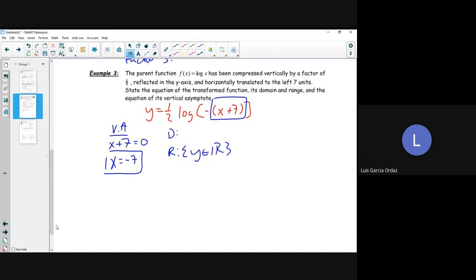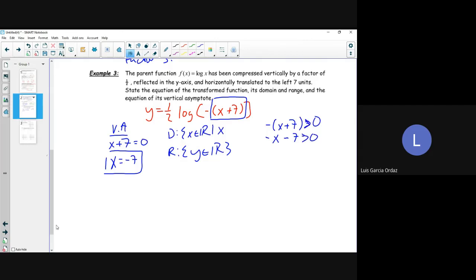So the domain is going to be x ∈ ℝ such that x is greater than, well, it's not greater than 7. So for this particular case, we are going to need to factor in the negative as well. So we have -x + 7 > 0.